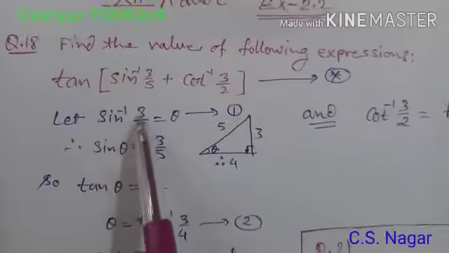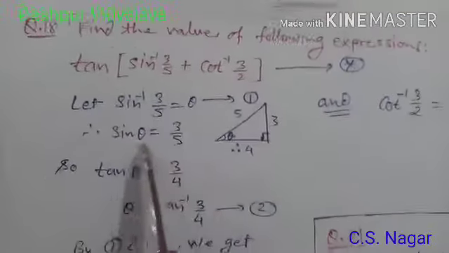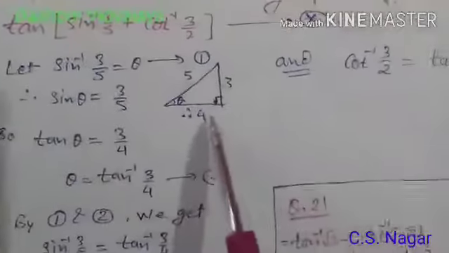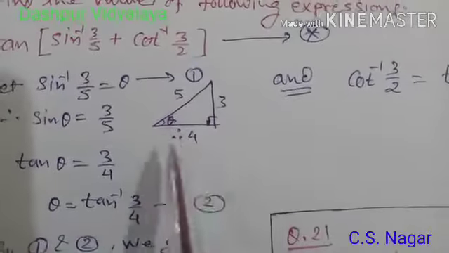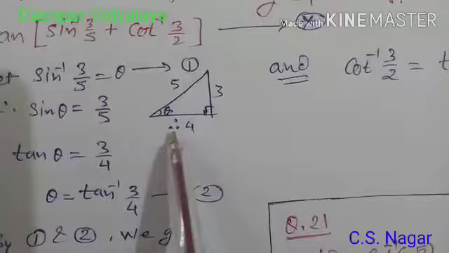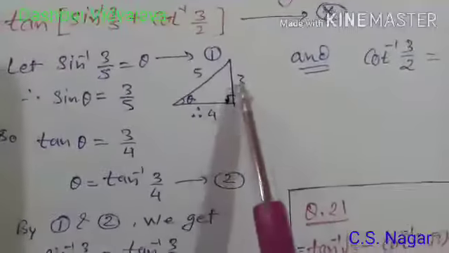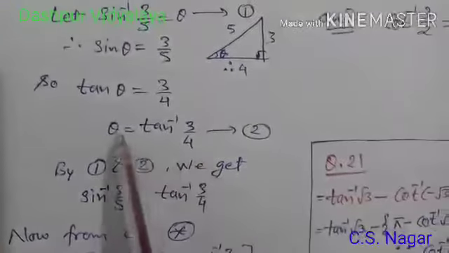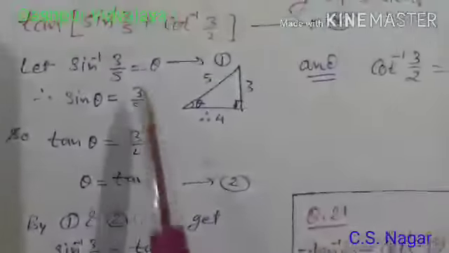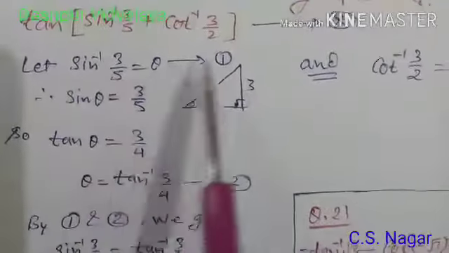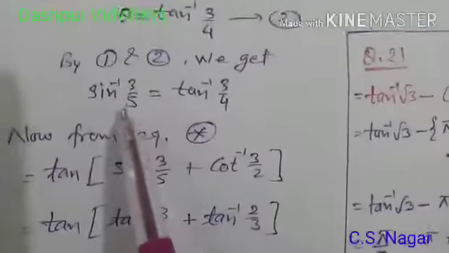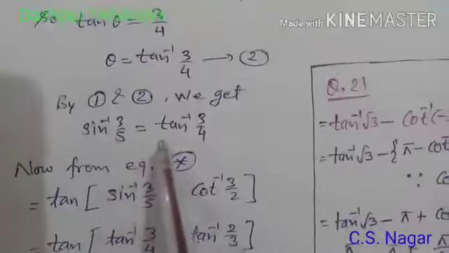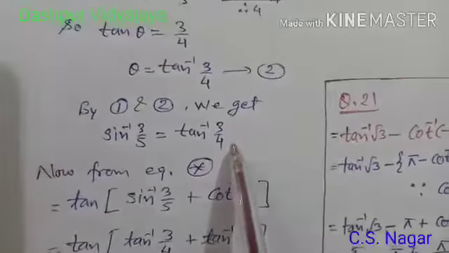So let sin inverse 3 upon 5 equal theta, then sin theta is equal to 3 upon 5. See in this right angle triangle, 3 upon 5 is a Pythagoras triplet, so the base is 4, and tan theta is 3 by 4, so theta is equal to tan inverse 3 by 4. From equations 1 and 2, we get sin inverse 3 upon 5 equal to tan inverse 3 by 4.